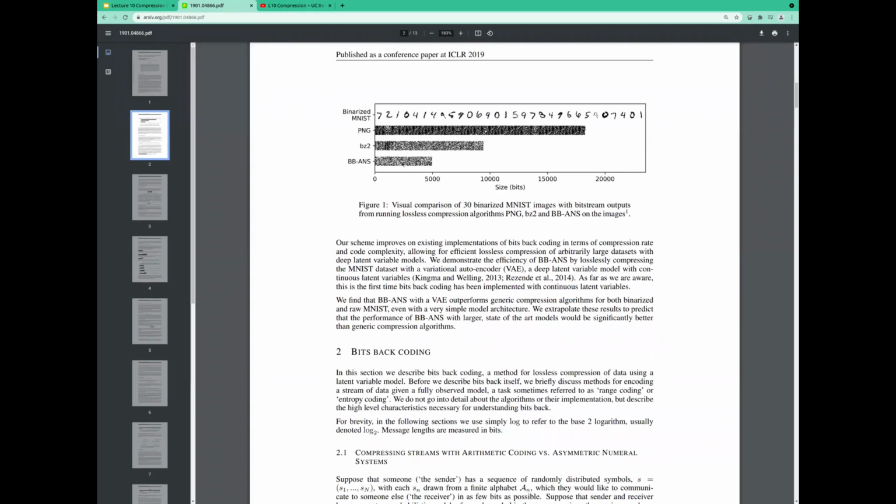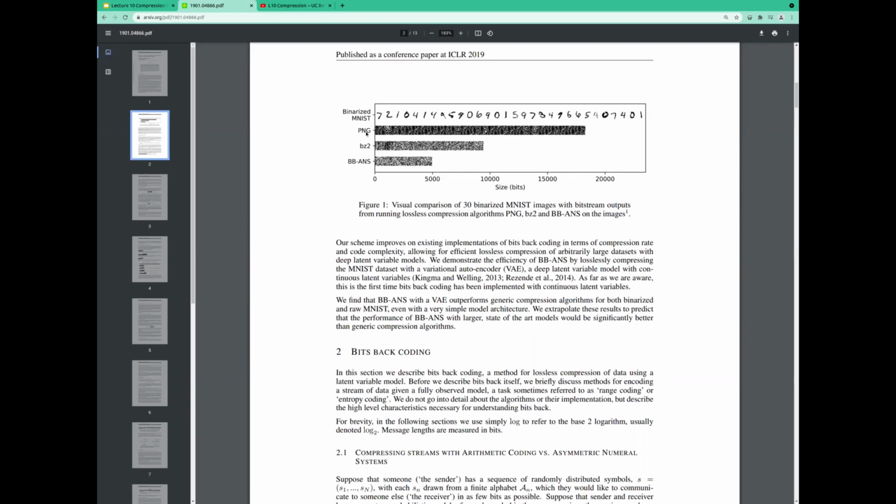Yeah, I think this technique shows, with, I think Lempel-Ziv is used in GIF, isn't it? And PNG does better than GIF. I don't know if PNG uses it, but it does better than all of these: PNG, BZ2 on binarized images.